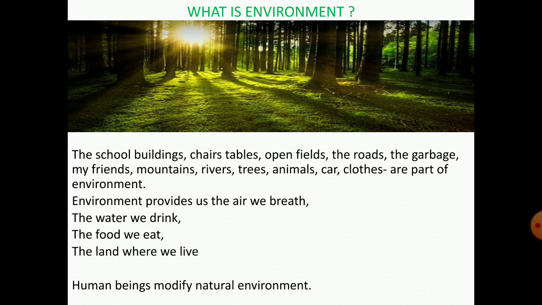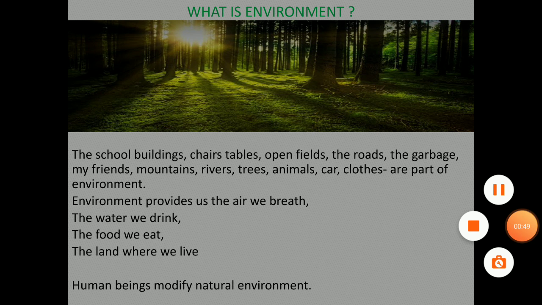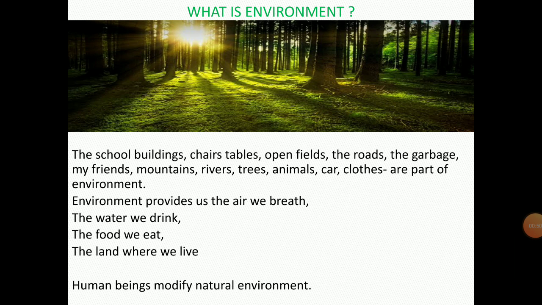We see many things around us: the school building, chairs, tables, open fields, the roads, the garbage, friends, mountains, rivers, trees, animals, cars, clothes. These are all part of the environment. So what does the environment provide us?